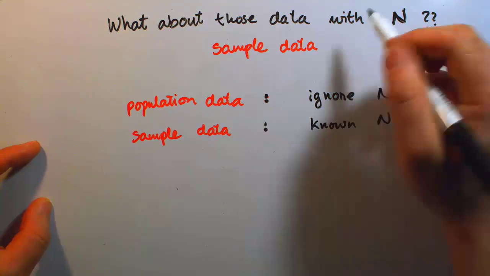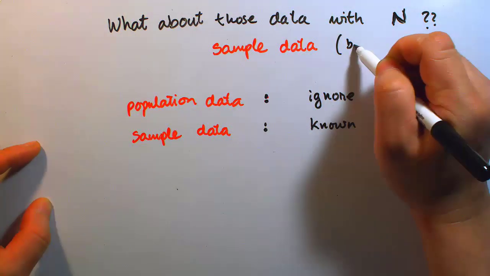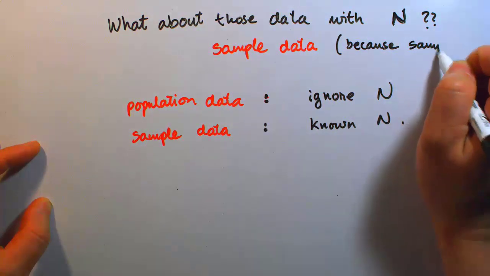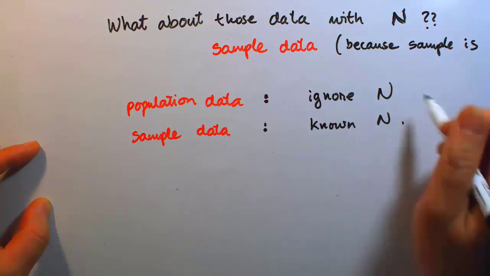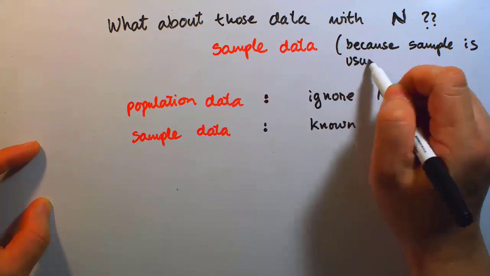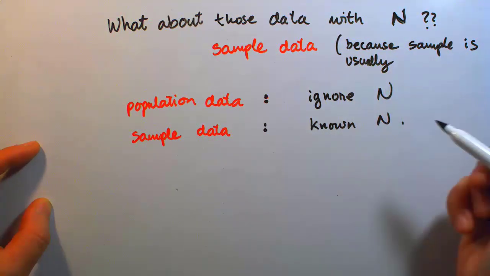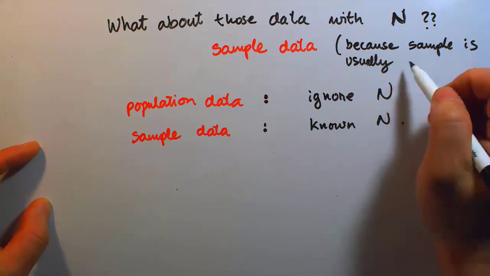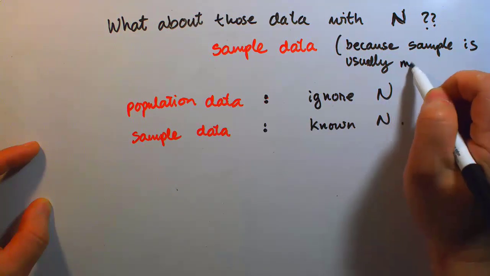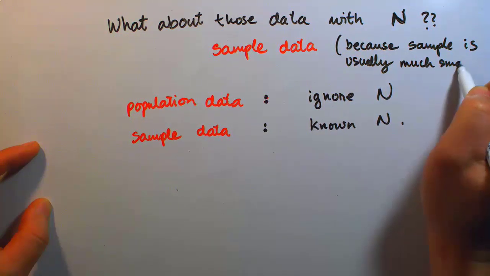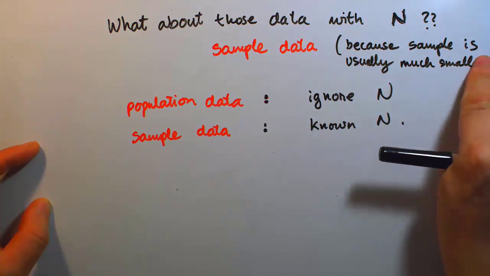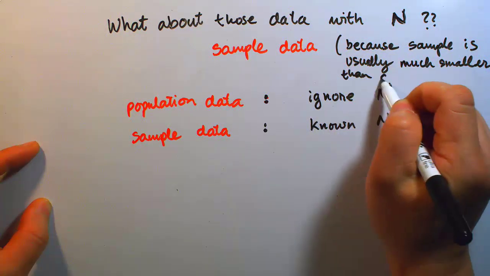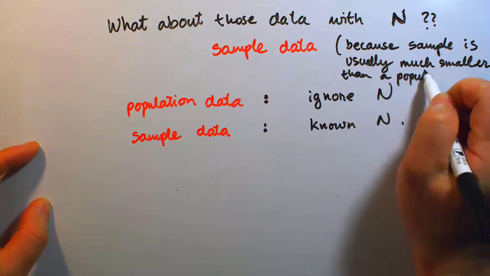And the reason for this is that a sample is usually, and that's the whole point, we can never pick a sample as large as the entire population. Usually much smaller than a population.